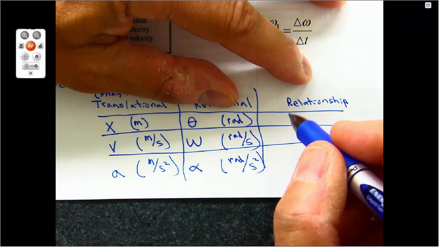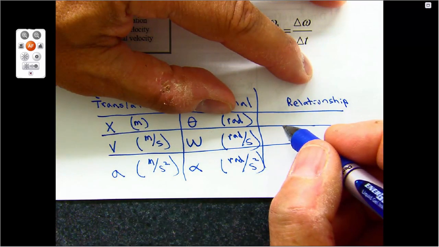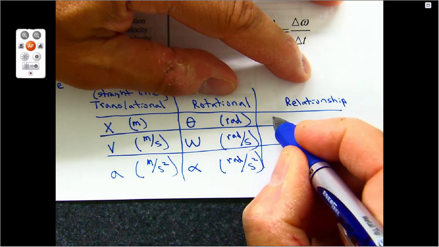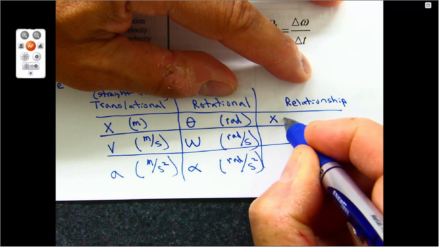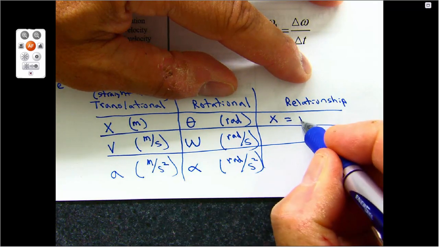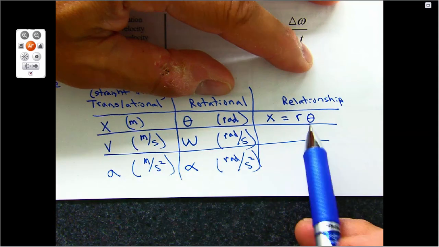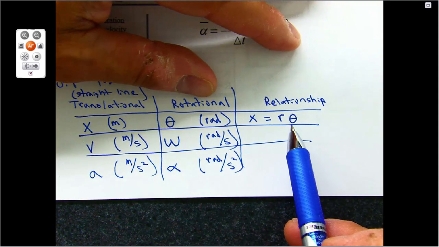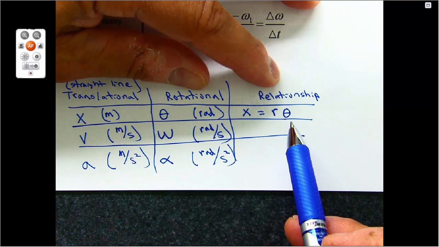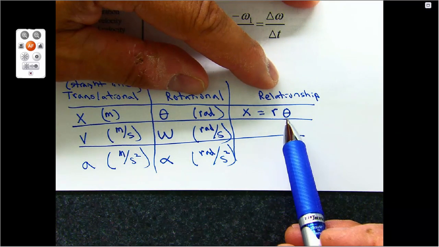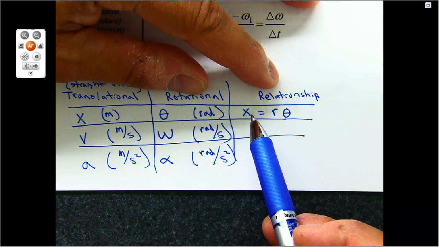Okay, so here's our relationship. I'm going to put it this way. If you want your distance, it's a radius times radians. Now here's how you can figure this out. These radians are really dimensionless units. Do my units match?